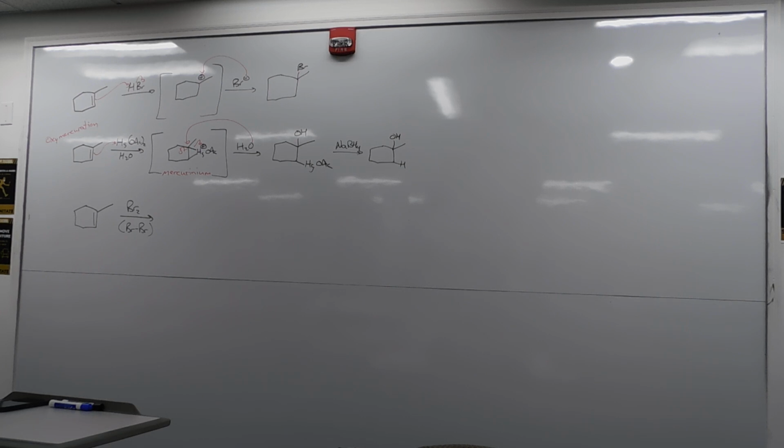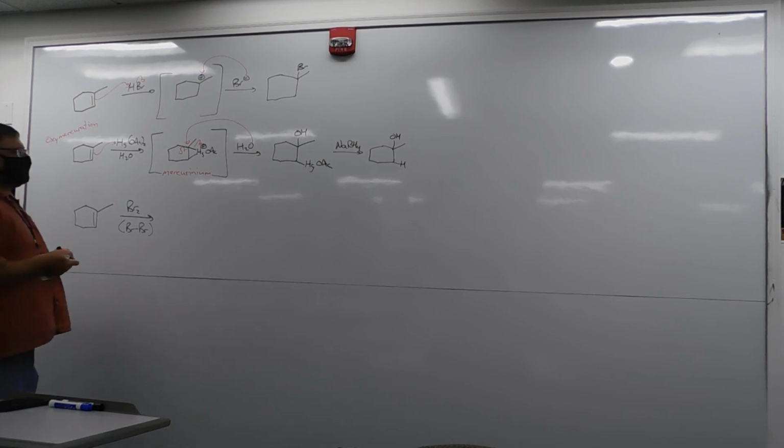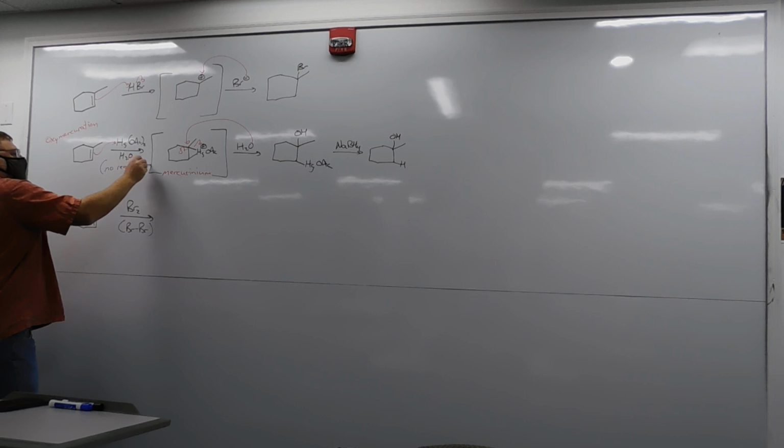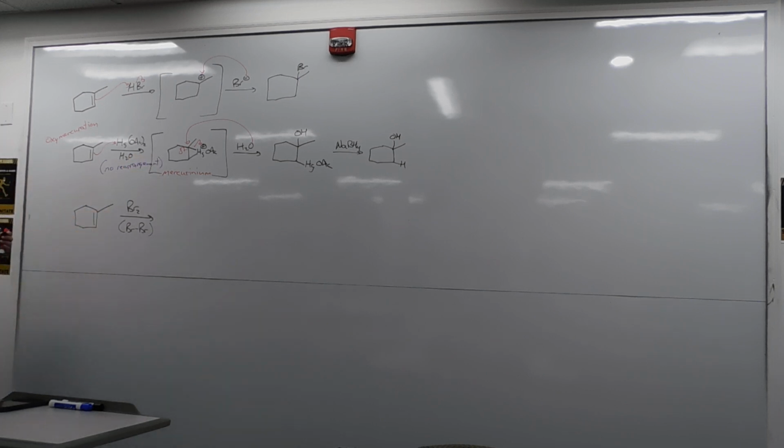But it's a way to add water without going through a free carbocation, so that in this case it wouldn't be a big deal, but in some cases that addition leads to significant rearrangement products, and so this way there's not going to be any rearrangement here. So the reason you would use mercury in this reaction is to minimize how much rearrangement happens.